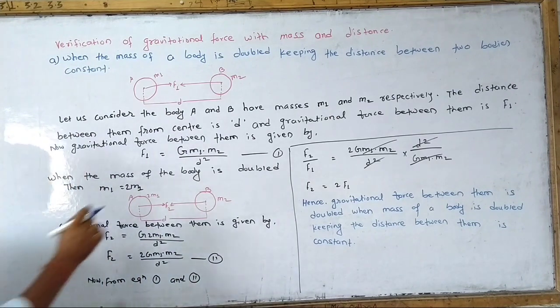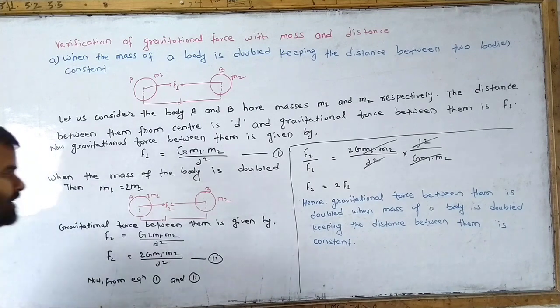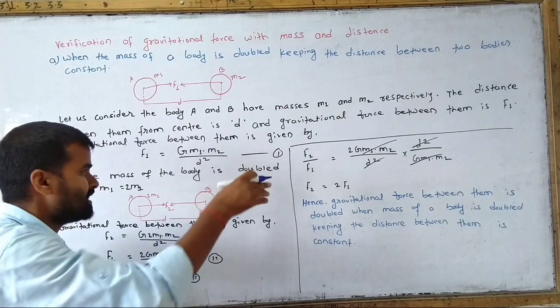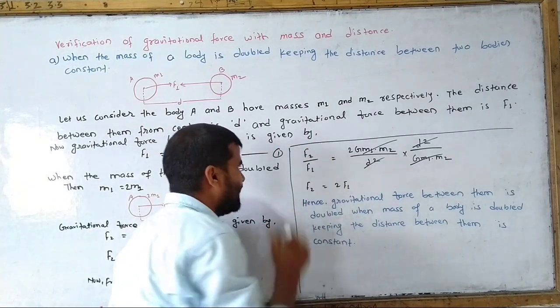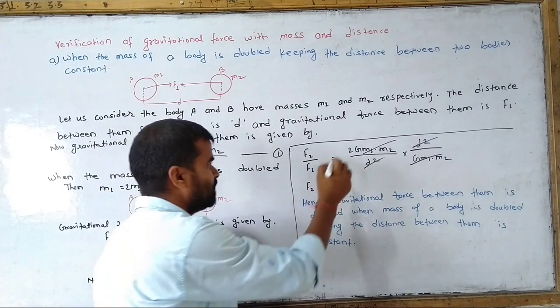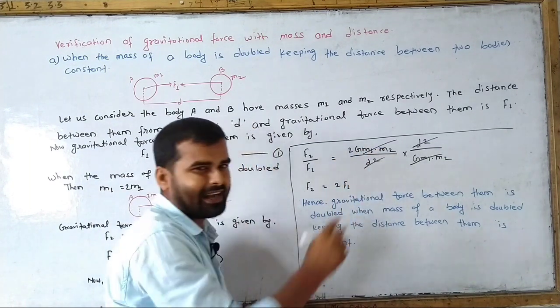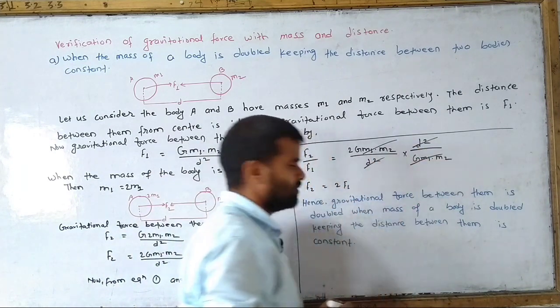Now from equation 1 and equation 2, let us divide equation 2 by equation 1. Reversing the numerator and denominator, we get F2 by F1 equals 2G m1 into m2 by d square, times d square by G m1 into m2.